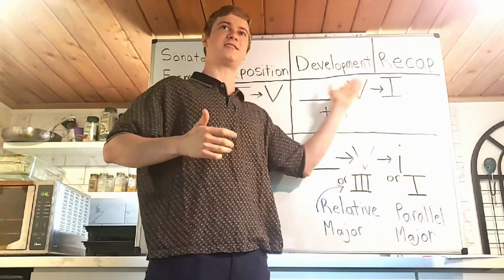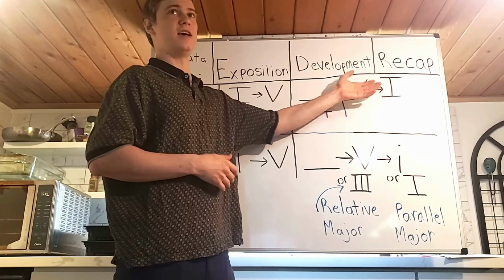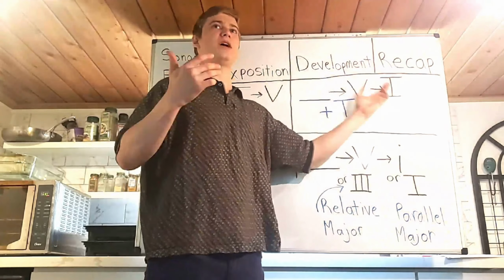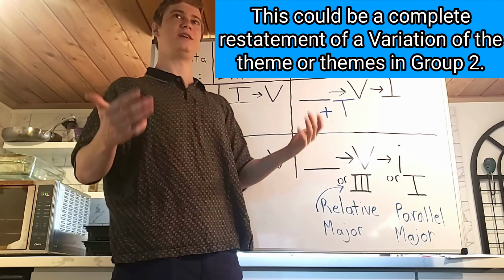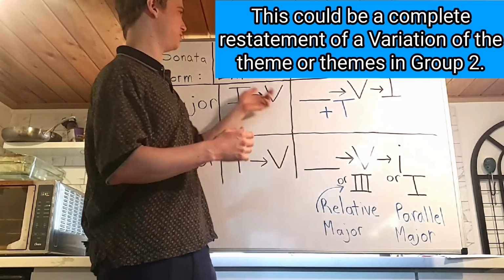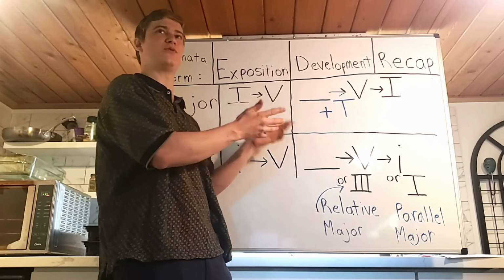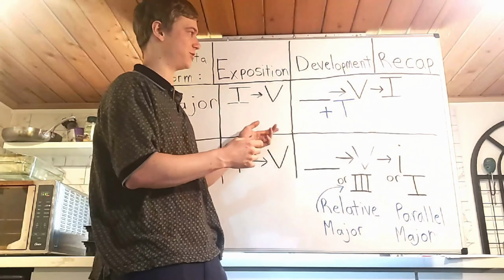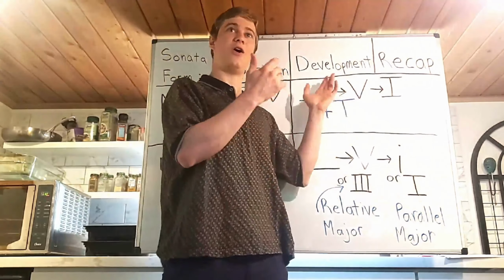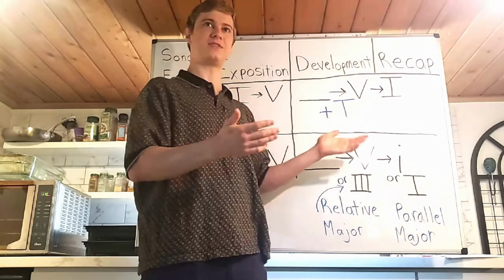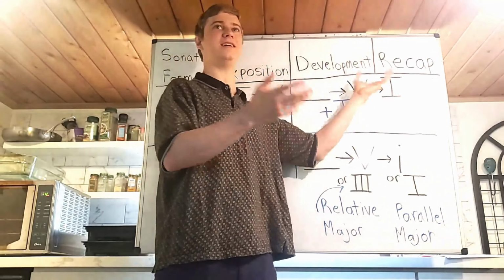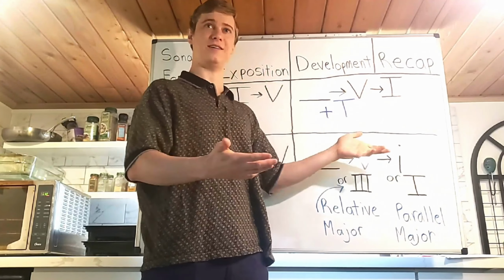Now everything is settled and resolved. And again, the recap has more emphasis on completely restating group 2 now in the tonic, to where the original phrase with a conflicting key center is now in the home key, further emphasizing that we are ending in this home key and that this is the end.